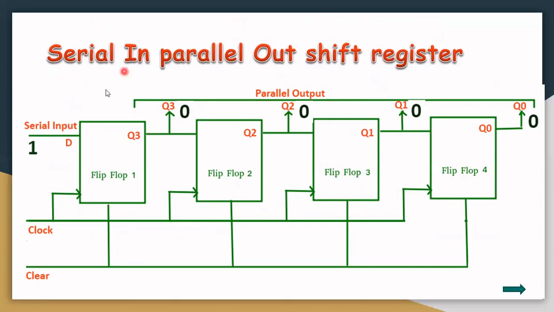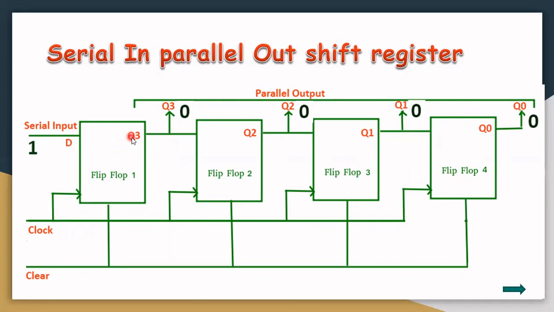We are using serial in, therefore there is only one input, and the clock is connected to all D flip-flops. There is a clear signal to reset the flip-flops. Then here we are using parallel mode. Therefore, we have four parallel outputs, Q0, Q1, Q2, Q3.